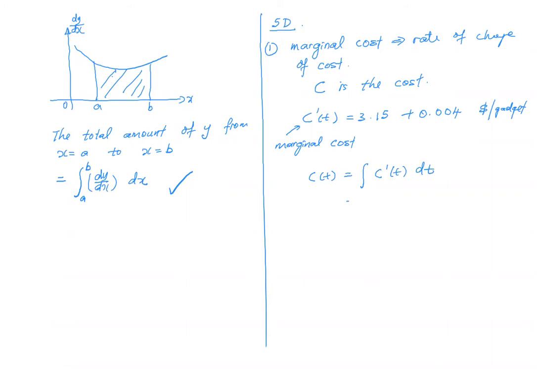So now you are supposed to integrate this. The book gives you 3.15 plus 0.004 T dt. You all should know how to differentiate. Am I right? Integrate, sorry, you see, I also speak wrongly. Integrate that.